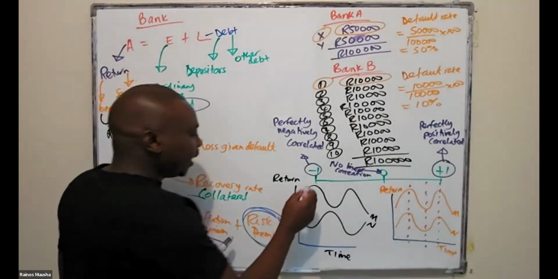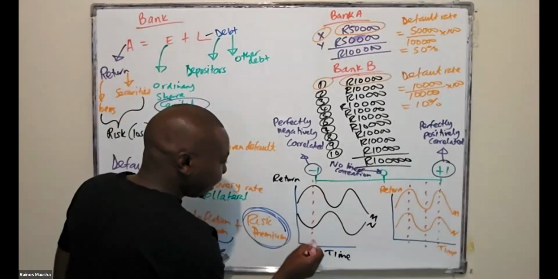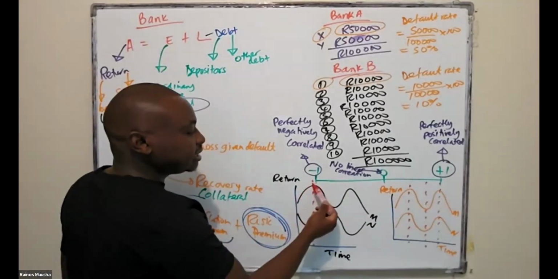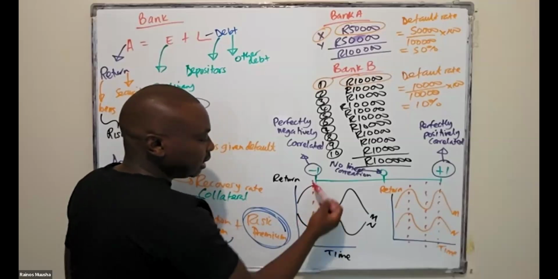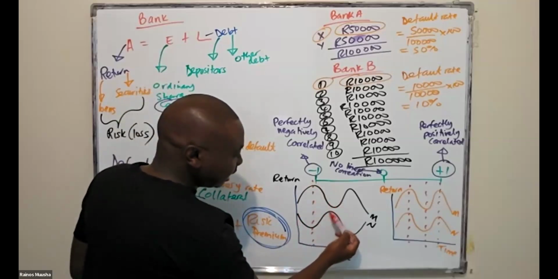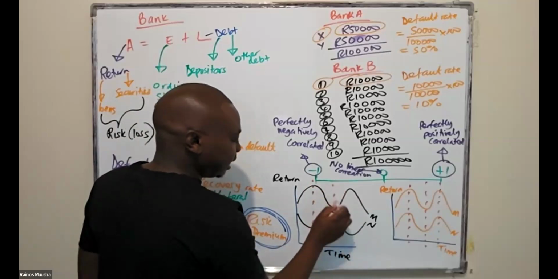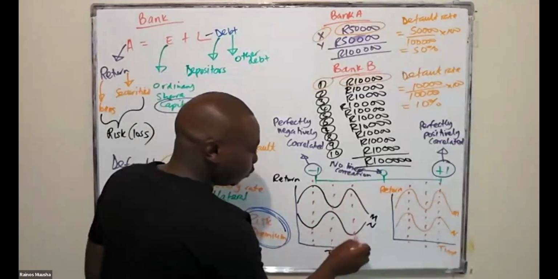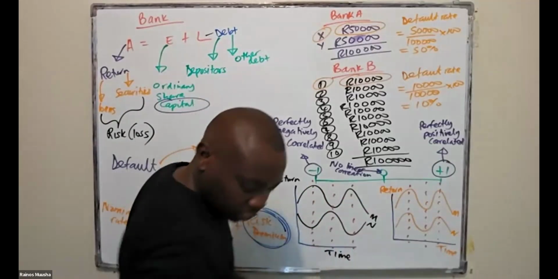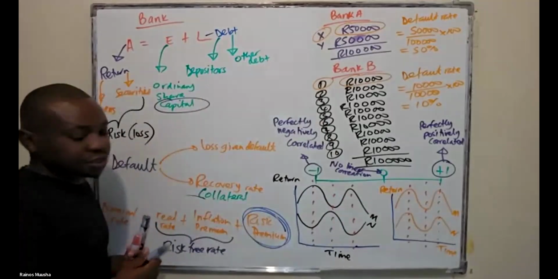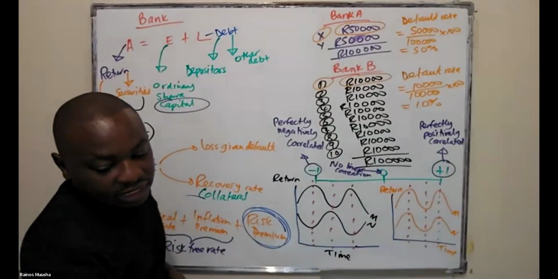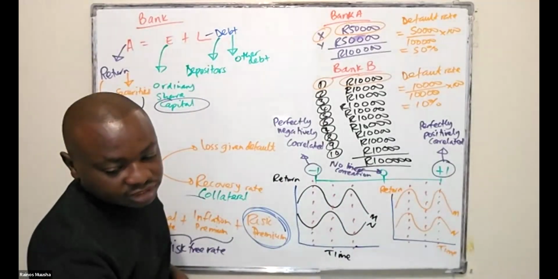When M is having an increase in returns, N is having a decrease in returns. And when M is having a decrease in returns, N is having an increase in returns. So this is where we describe securities as having a negative correlation.